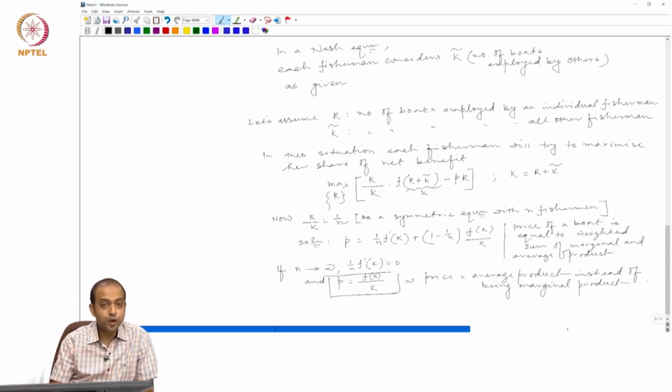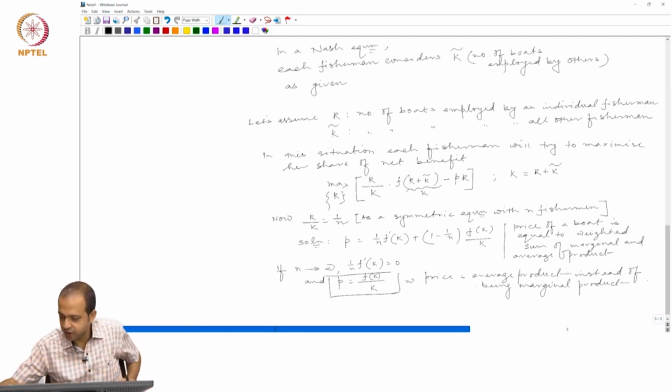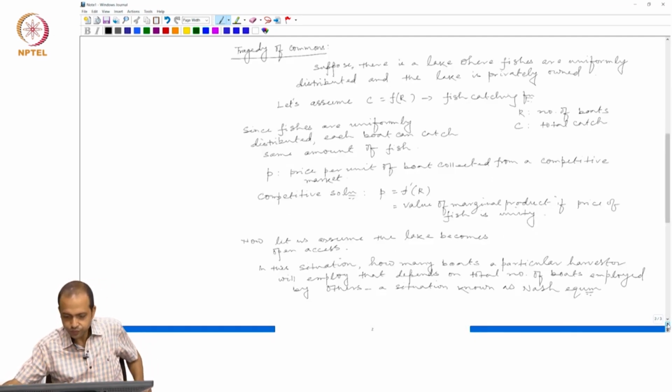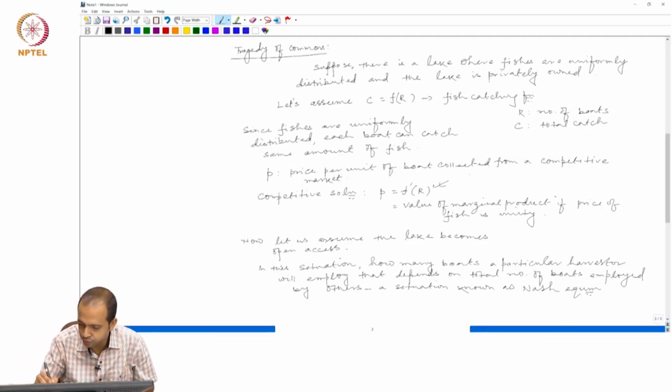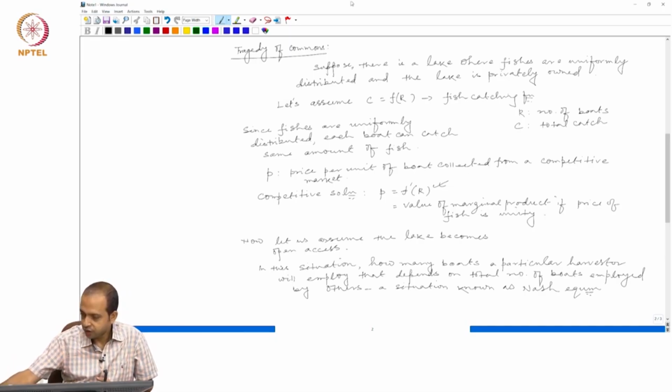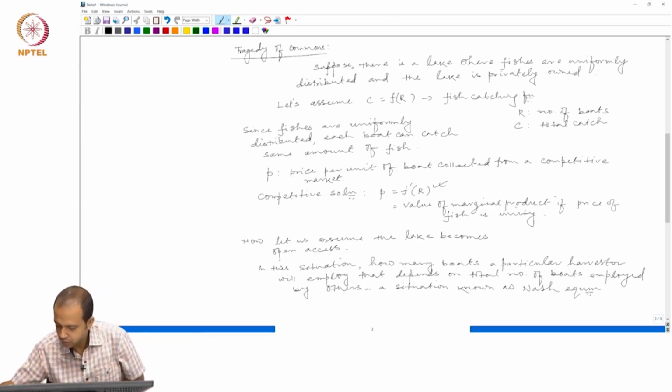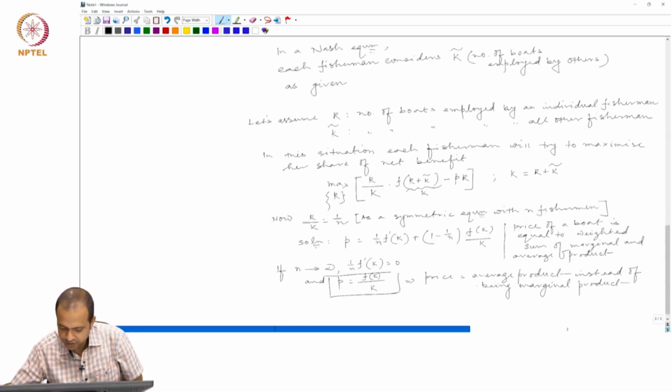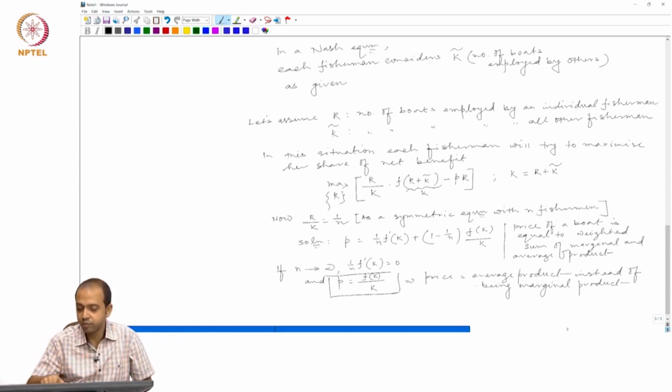So, P equals marginal product, when that condition is satisfied, is called the efficient solution, because that is the competitive solution we derived earlier. If you go back and see, this is the competitive solution, P equals f prime of K. So, the competitive solution is the efficient solution. But here, when we assume an open access resource, P becomes f of K by K, price equals average product instead of being marginal product.